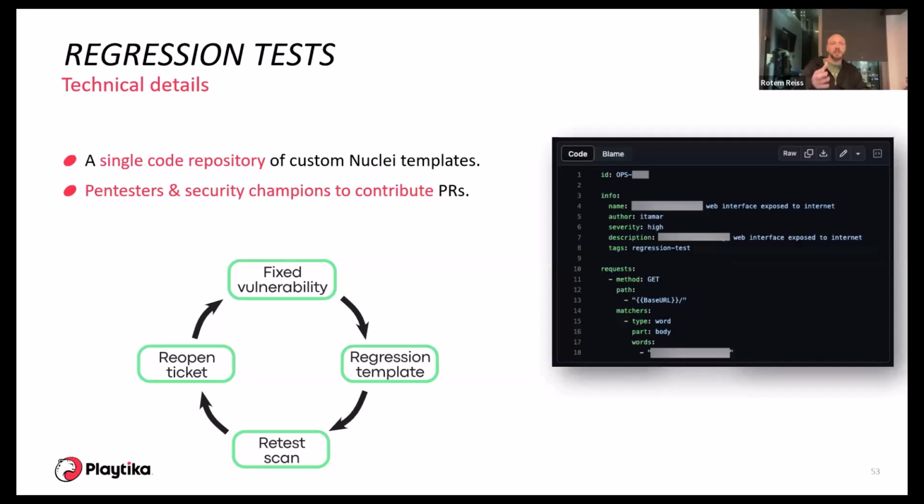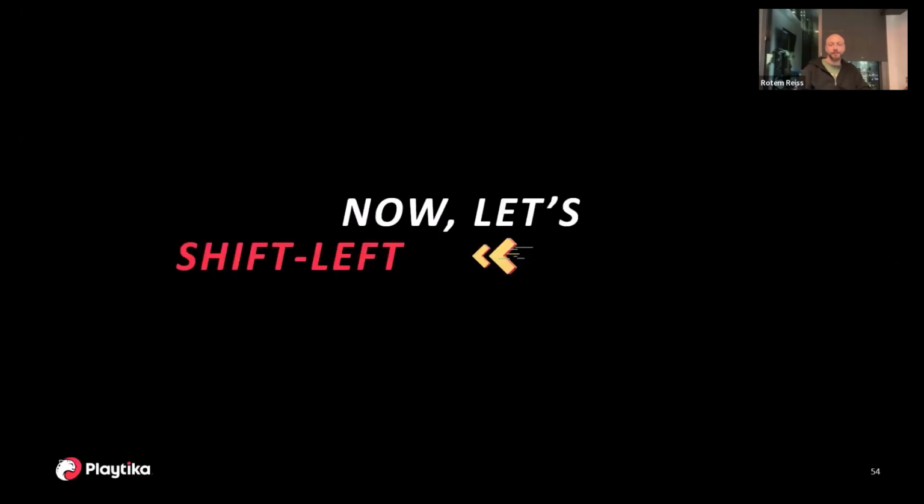This is how it eventually looks, just a simple YAML template. And since it is so simple to create YAML templates, we also give security champions the option to contribute pull requests and some of the regression tests. So it's not all on the penetration testers to do. As I said, it is being executed once a day.